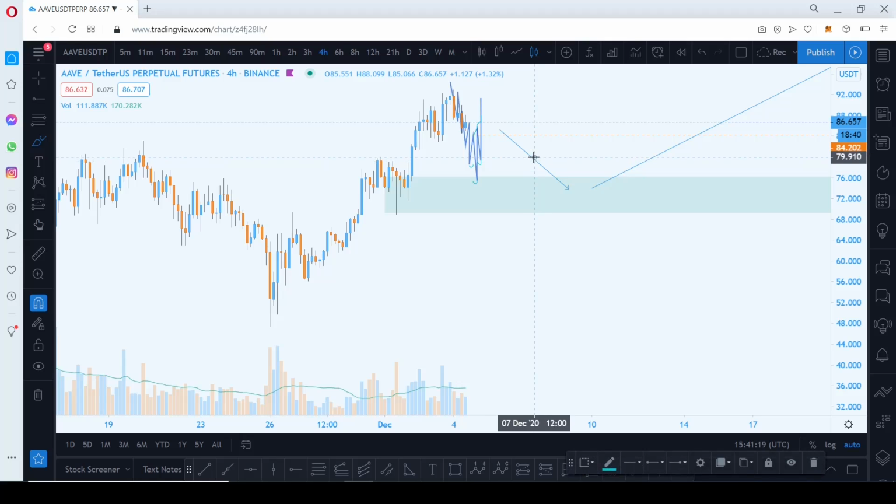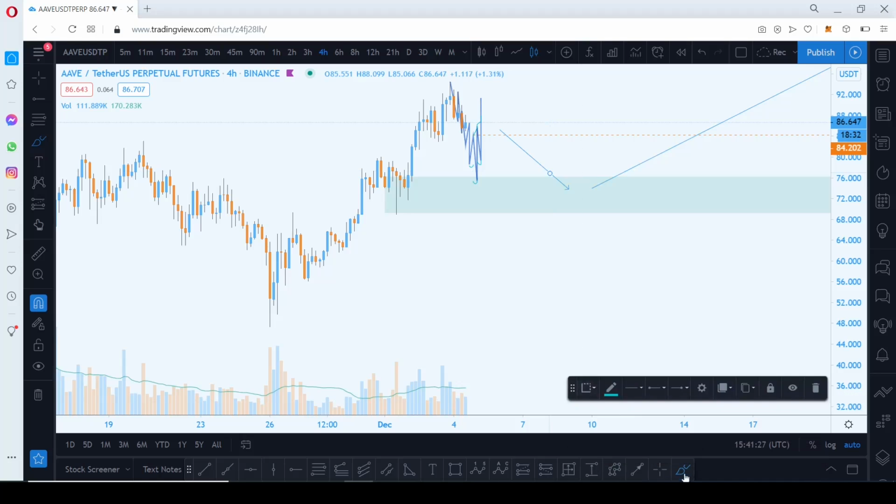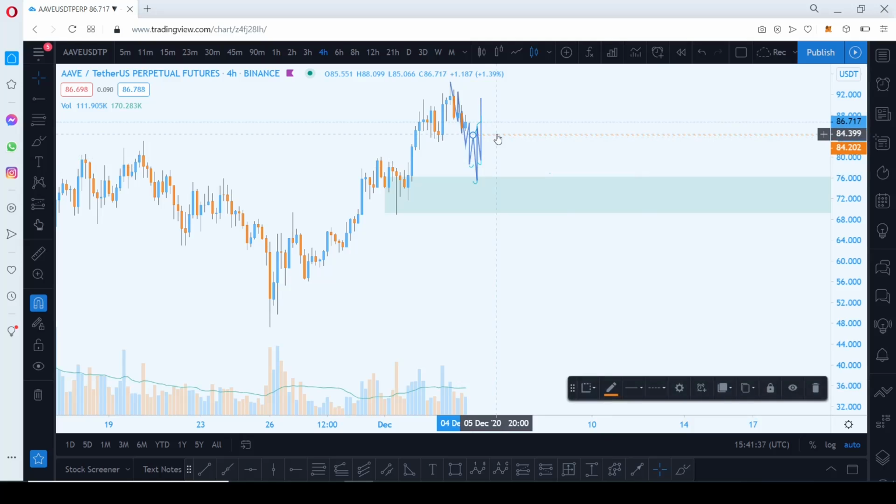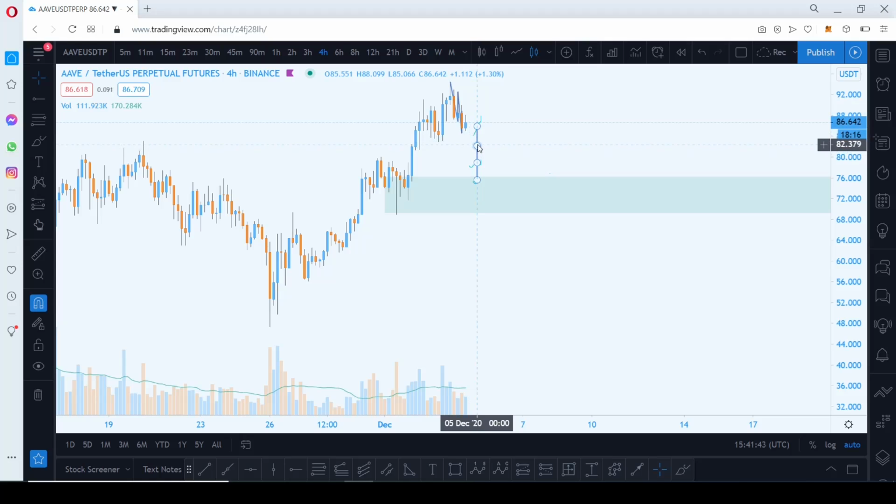You are looking for the same pattern. But like I said, there are several ways to trade, to take an entry. This is one of the confirmation entries, where you want to see a full reversal before you take the trade.